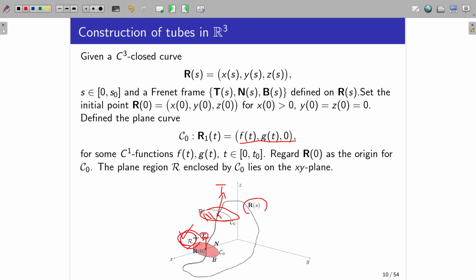Now we have a tube like this. When you move around the plane region, you have to keep the tangent vector as the normal vector of the plane region, like this.